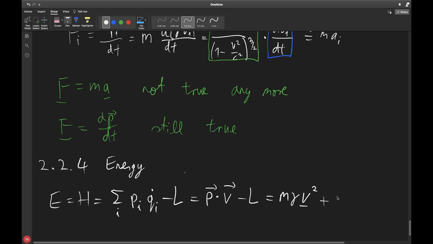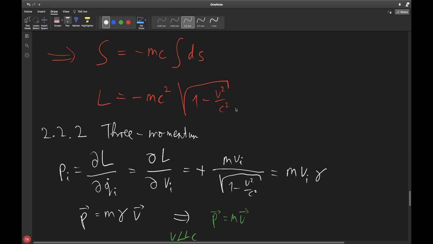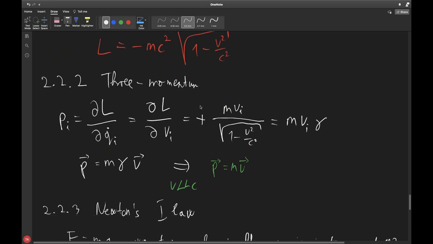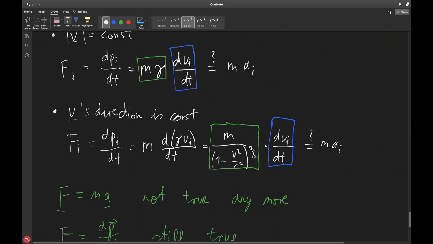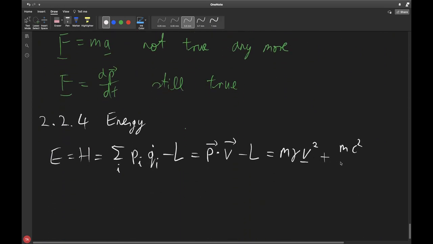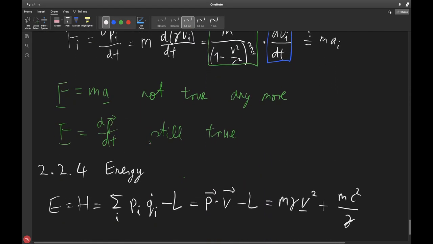Lagrangian was given to be mc squared multiplied with this square root. If you think about it, this is the inverse of the gamma Lorentz factor, so I'm just going to divide with gamma. Please also note that it is a minus sign, but the Lagrangian was also minus up here, so those two minuses will create a plus.